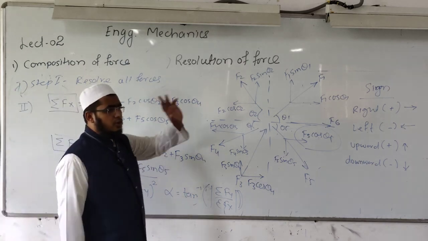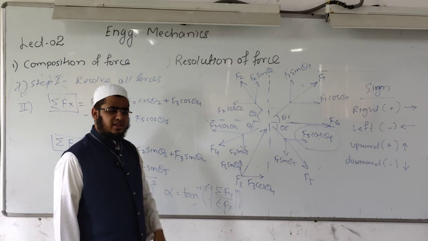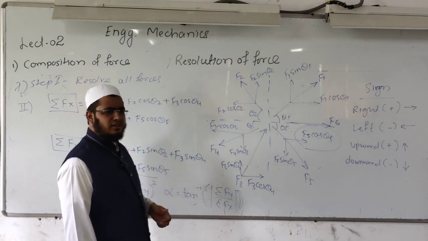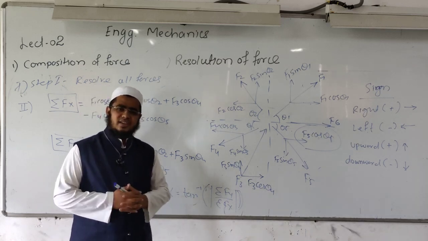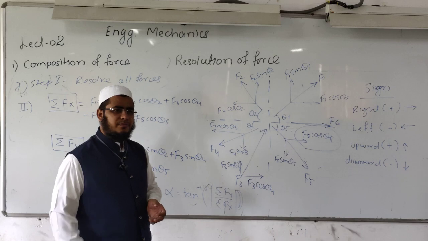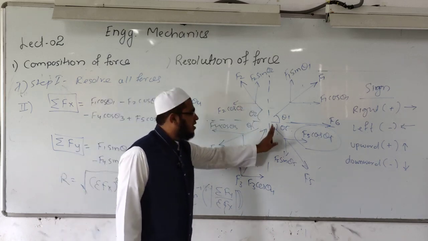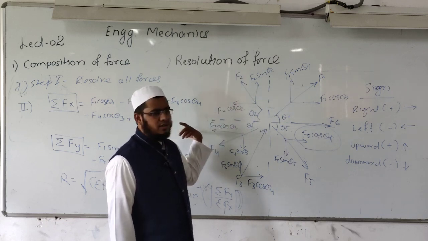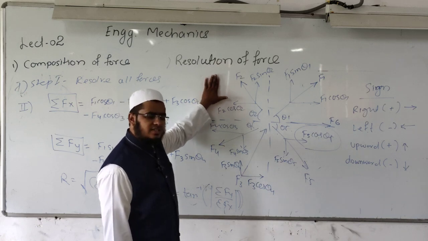If summation Fx is negative and summation Fy is positive, it means Fx is acting leftward, negative means leftward, and vertical upward. We will see the quadrant. In the second quadrant, vertical is upward, horizontal is leftward. That's why the resultant will be acting in the second quadrant.